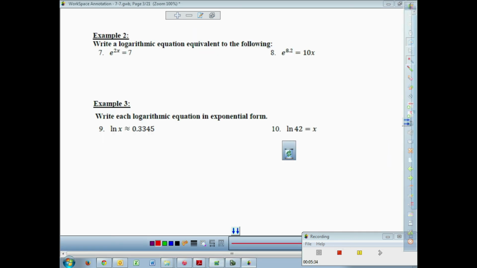This is exponential, correct? Isn't the x up in the exponent? They want us to write it as a logarithm. But my friends, what's the base of these problems? E. So don't use LOG log. Use natural log instead. So the natural log of the argument, what's the argument? 7 equals the exponent, which is 2x.